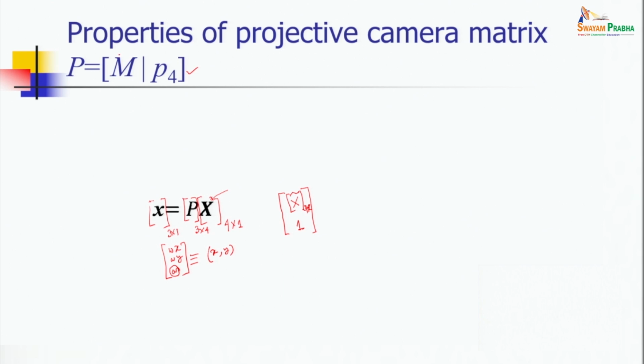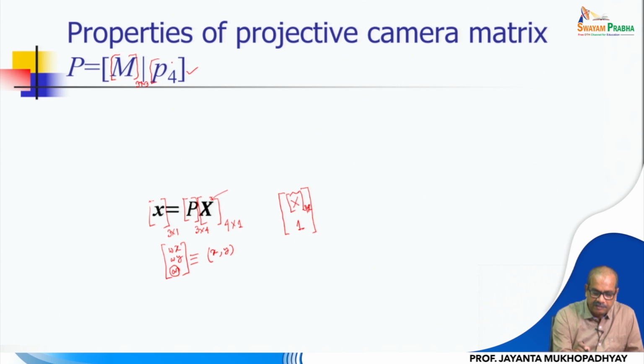One is a 3 cross 3 submatrix, which is denoted by M. That is a standard notation I will be following in my representations of P, and this p4 is the 4th column vector of P. There are other representations also that we will be discussing subsequently. Now this column vector is a 3 cross 1 column vector.